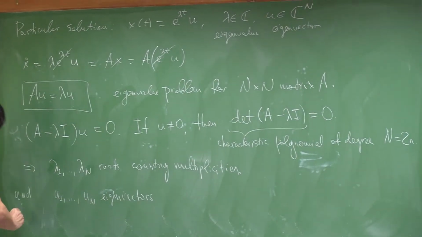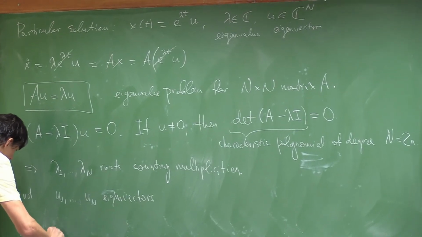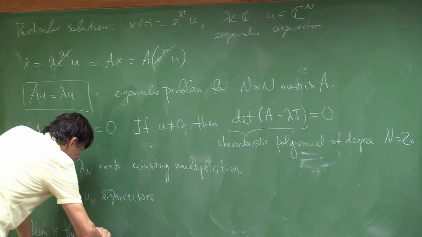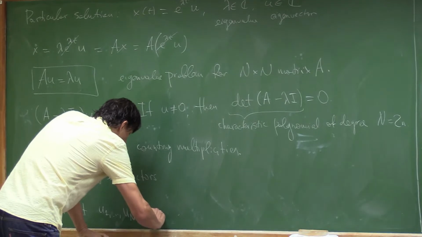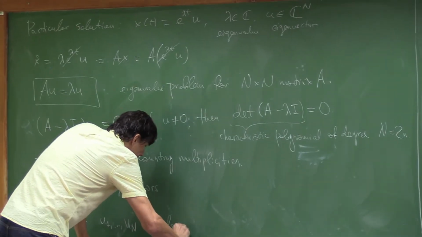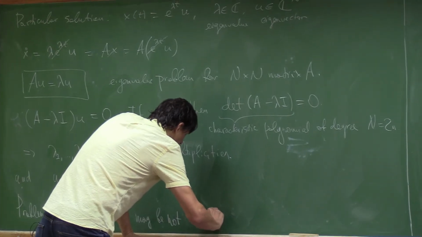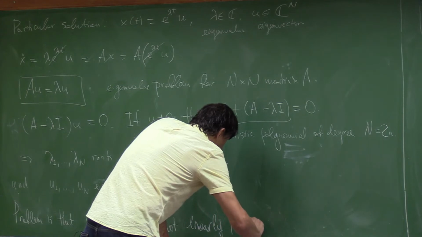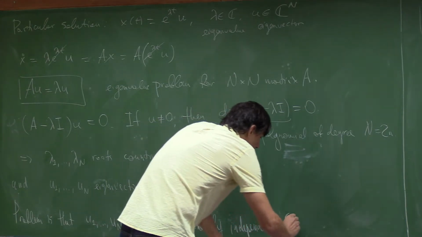So the problem is that these vectors may be not linearly independent, so not a basis.